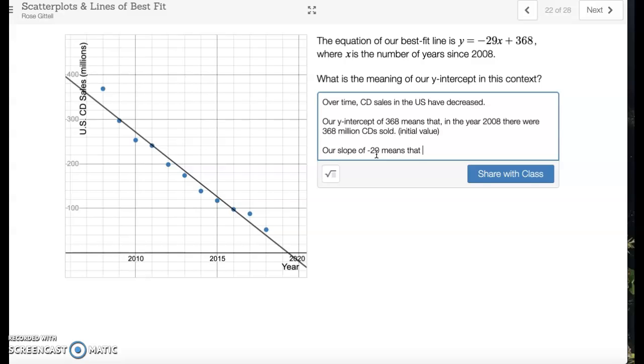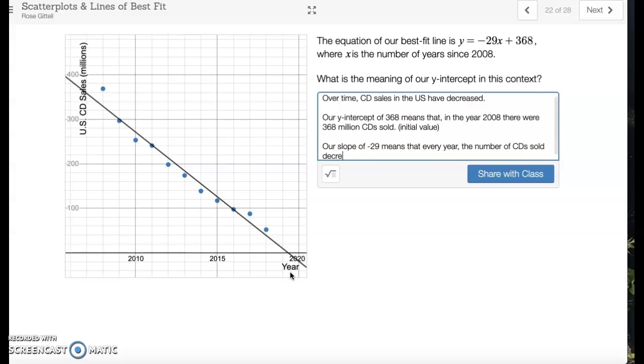So it means that every year, in this case, because the unit is years, the number of CDs sold decreased by 29 million. So hopefully, yes, the slope always represents some change.